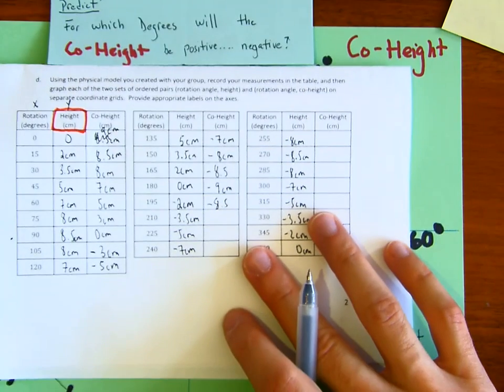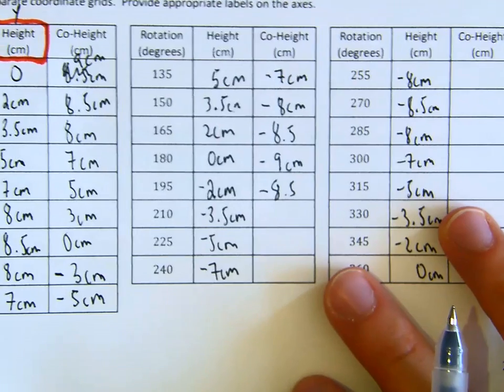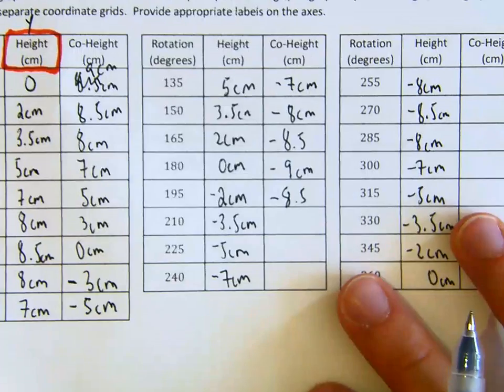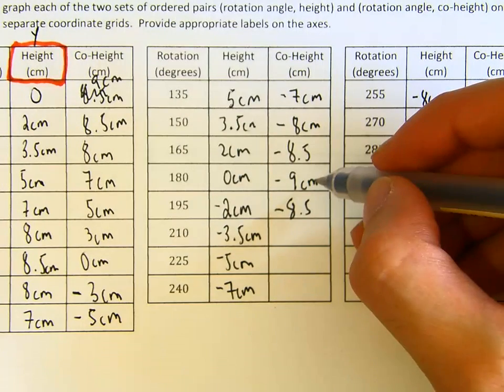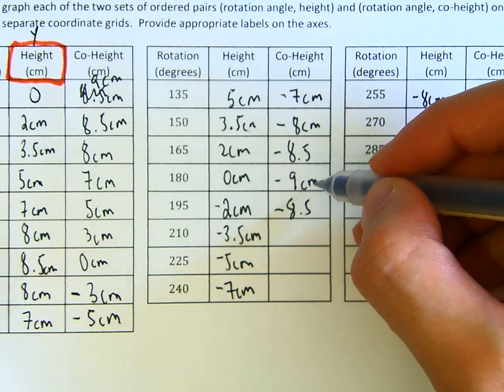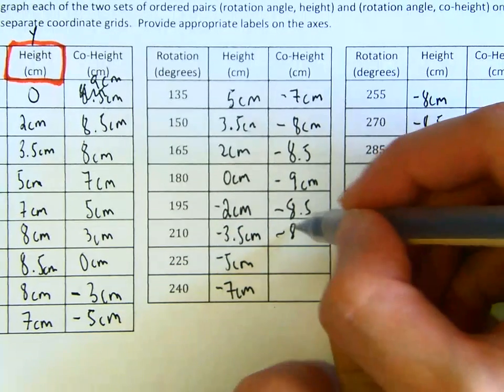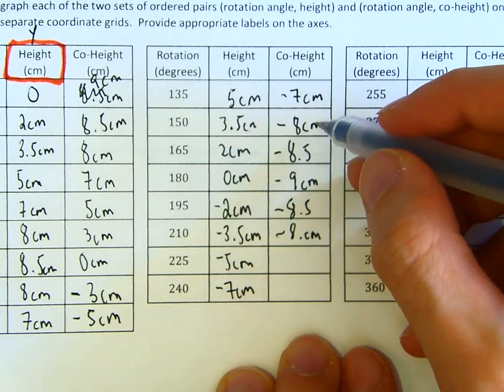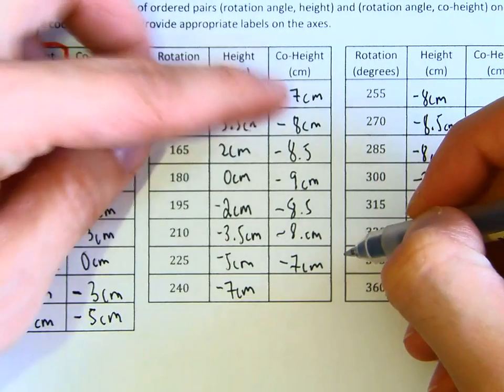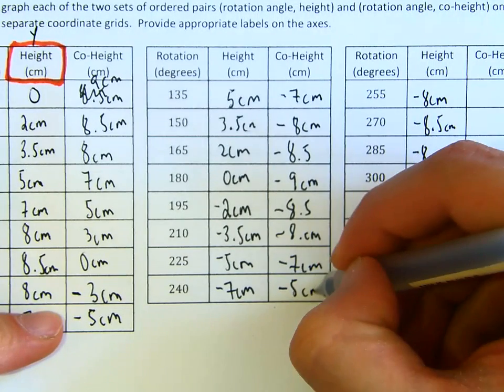What will the pattern be? You see how this is negative 9 centimeters? There will be a reflection. So it's negative 8.5, negative 8.5, negative 8 centimeters, negative 7 centimeters, negative 5 centimeters.